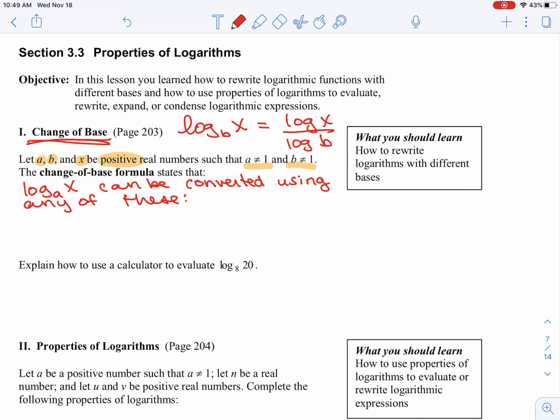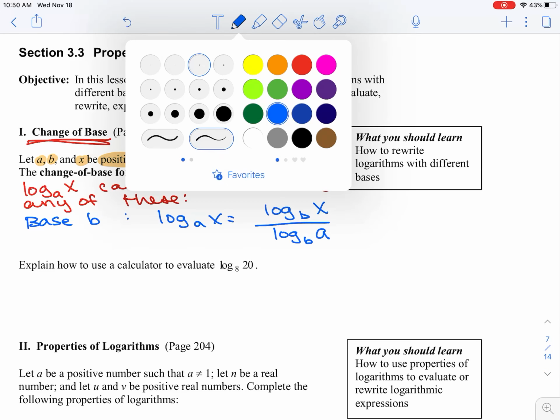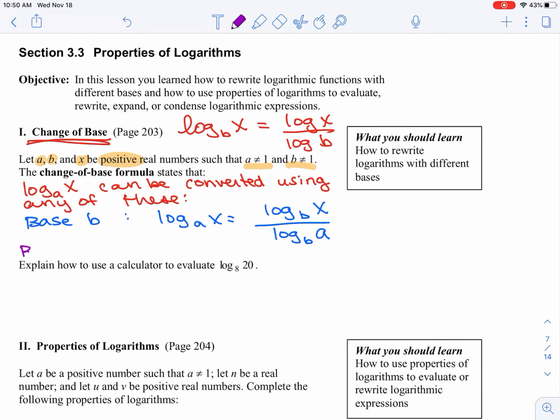So there's 3. The first one we can use with base b, which is log base a of x. We can change it to a log base b, and we would say log base b of x over log base b of a. Okay, there's one way to do it. There's another way to do it, and this is with base 10, which is the one I showed you yesterday.